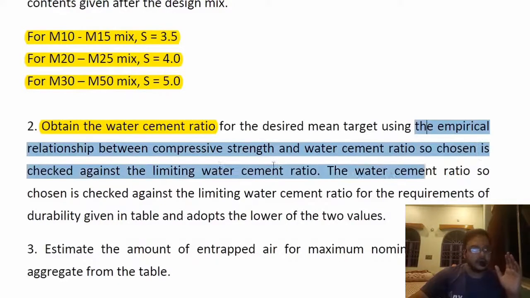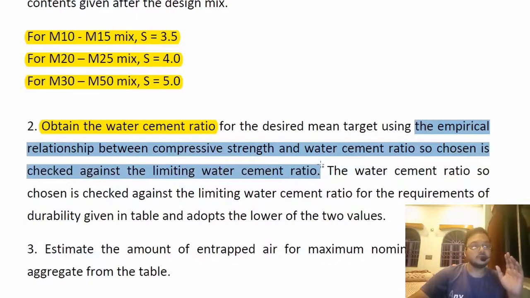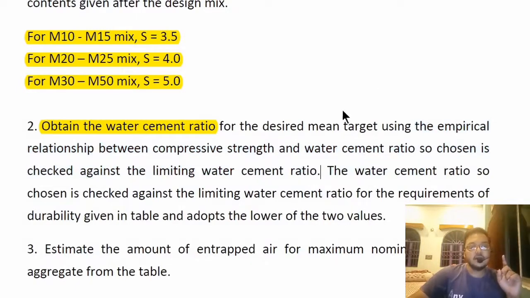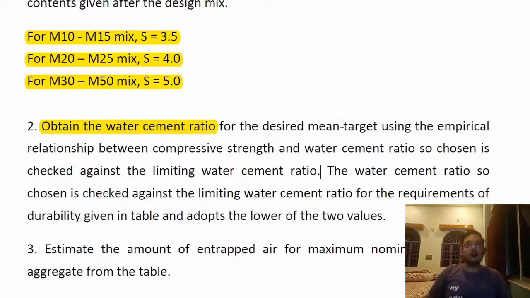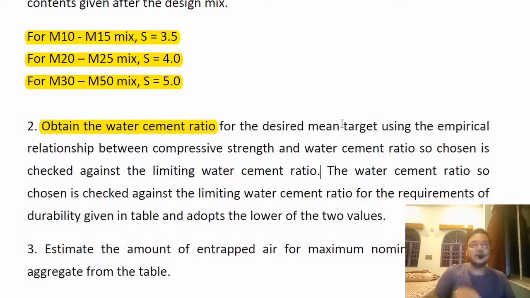This should be an empirical relationship between the compressive strength and the water cement ratio. So for the desired mean target, using the empirical relationship between the compressive strength and the water cement ratio, which is actually there in the code, the ratio so chosen is checked against the limiting water cement ratio.